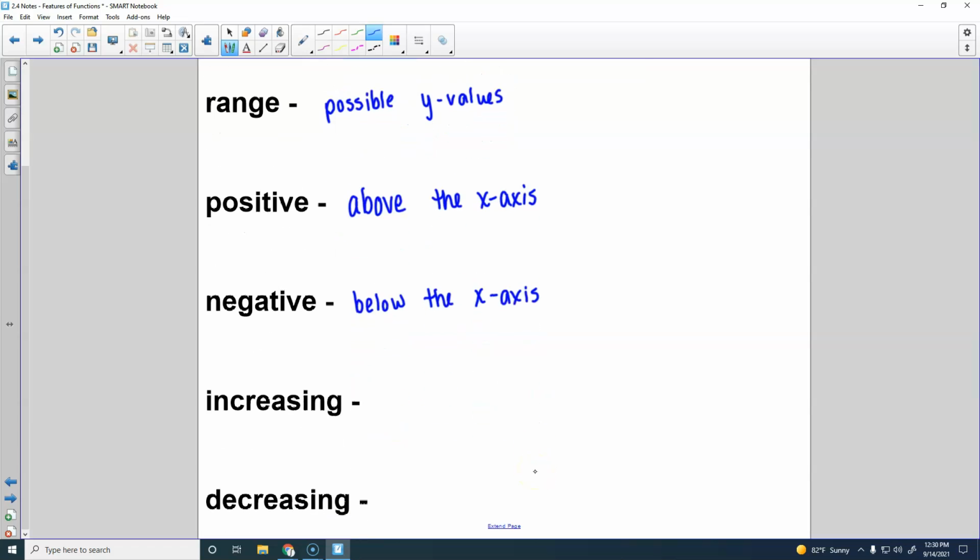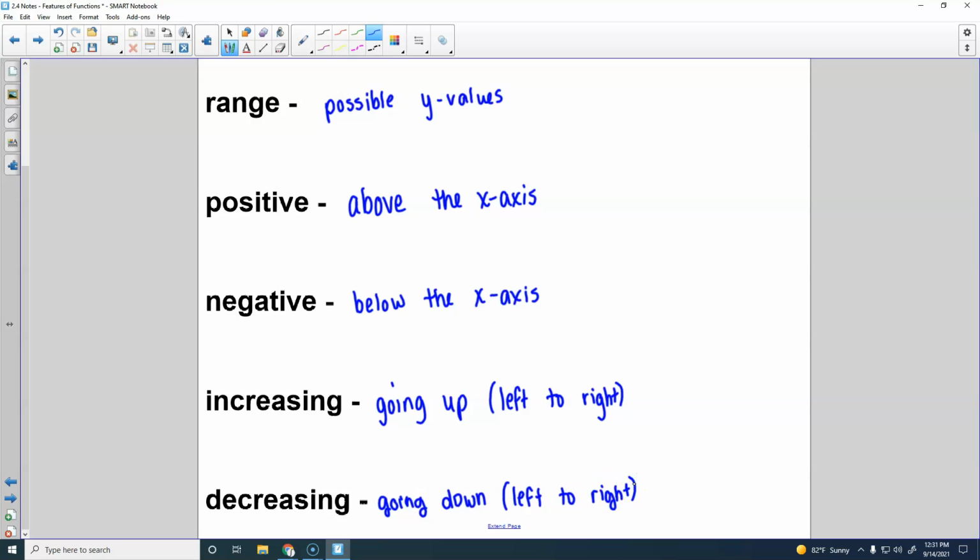And then increasing is where we're going up, left to right, and decreasing is going down, again, left to right. So these are things that we have already looked at with our log and exponential functions, right?